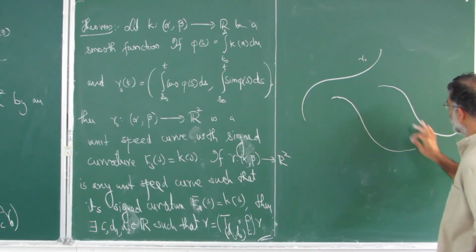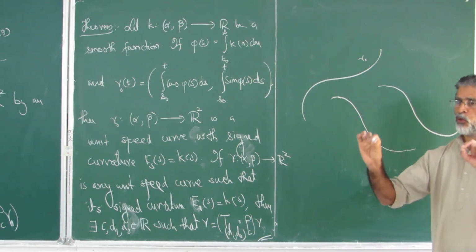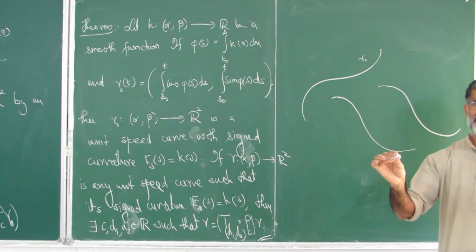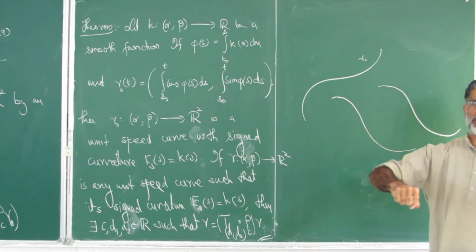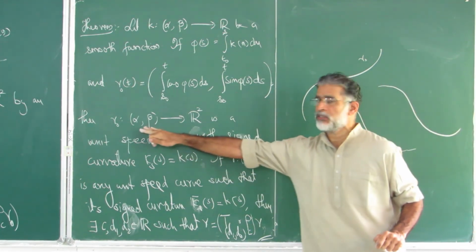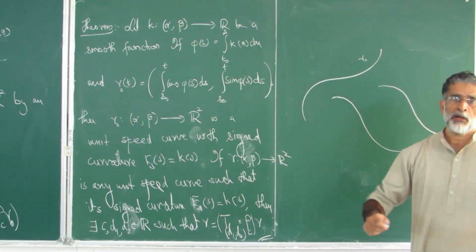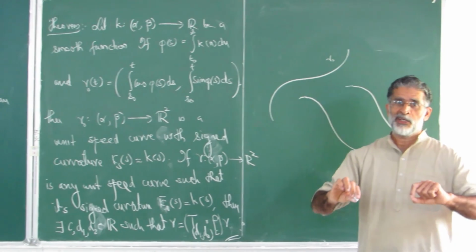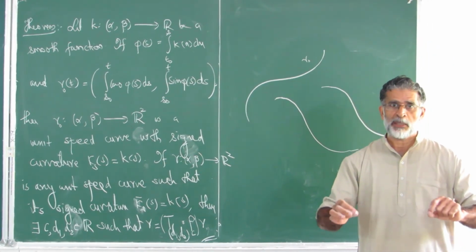It's something like one solid wire. You bend it according to the data given by K(s), how you should bend left or right using K(s). For a plane curve, you can't bend it outside the plane; you keep it on the plane.